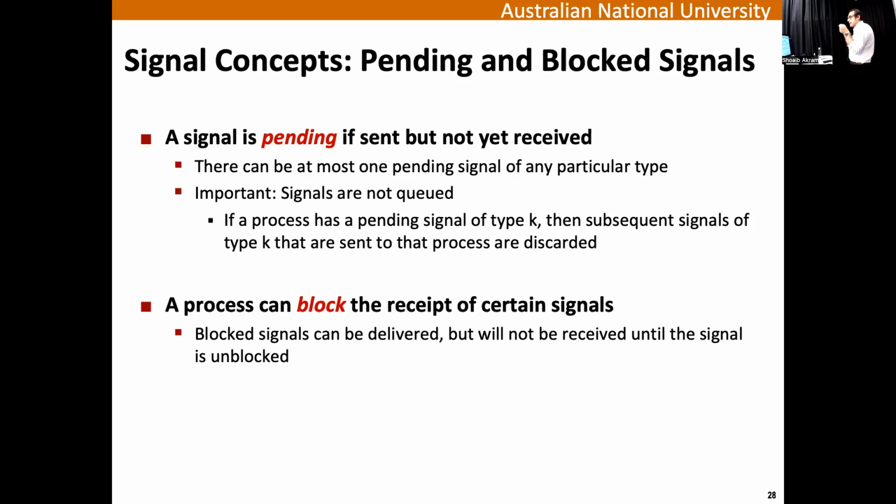So we have explicit mechanisms for blocking. User processes have explicit ways to block signals for a while, to tell the kernel, hey, look, I know there might be signals, but hold on for a second, okay? Now, there is an implicit blocking mechanism.